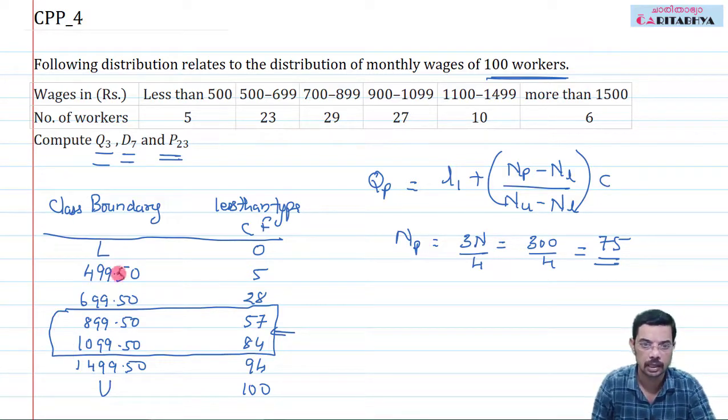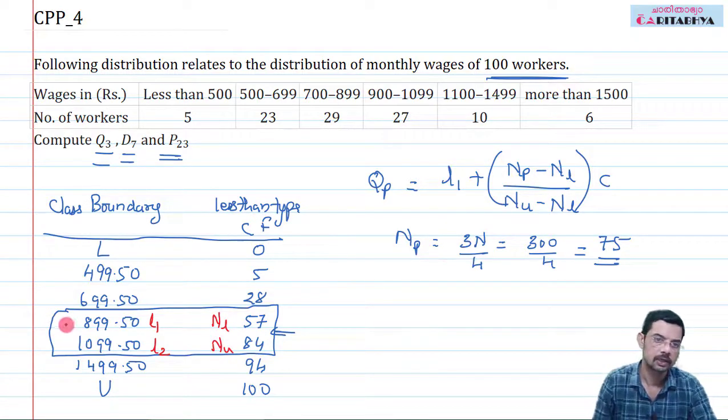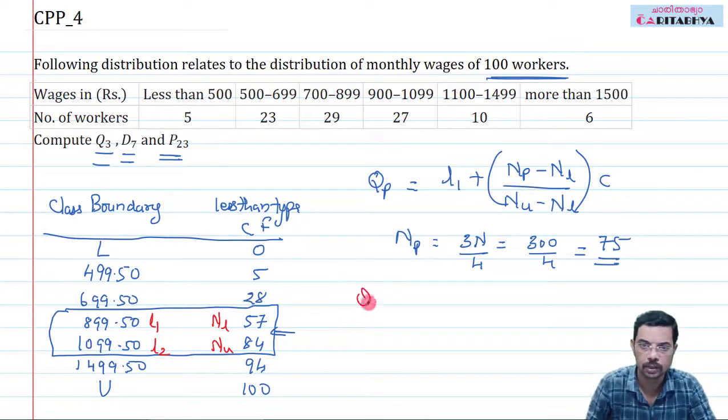This is our L1, this is your L2, this is your NL, this is your NU. We have our NP here. The class length C can be taken as 1099.50 minus 899.50, which is equal to 200. 200 is the class length. So therefore Q3 will be equal to, what is L1?